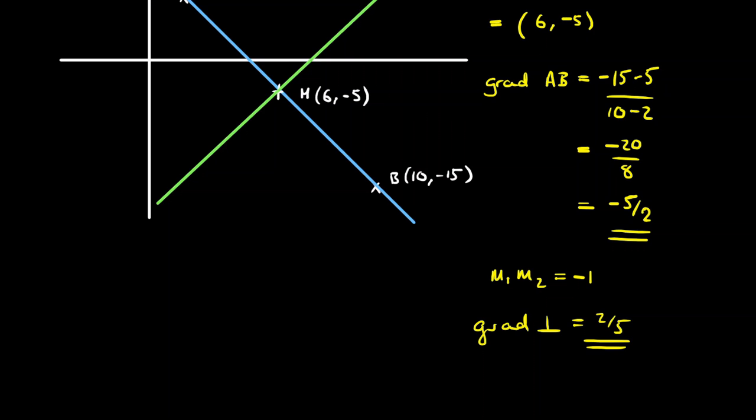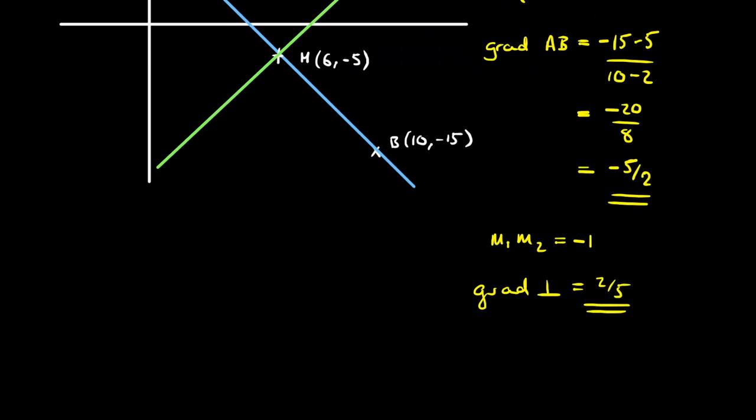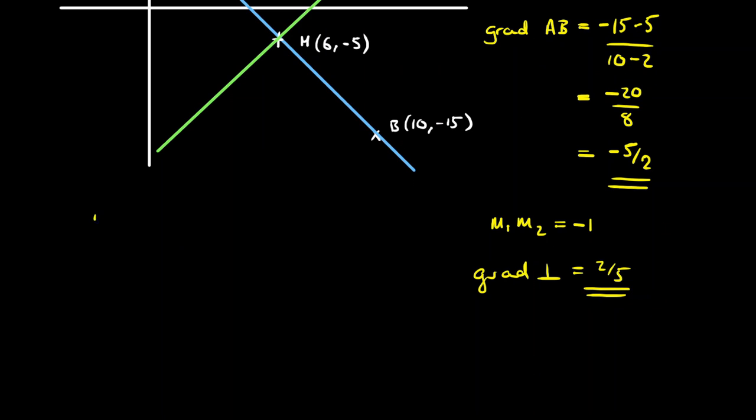So that means that we can use y minus y1 is equal to m(x minus x1) to find the actual equation of that bisector. So we're going to get y minus -5, y minus -5 is +5, is equal to m, which is 2/5, x minus x1, where x1 is 6.